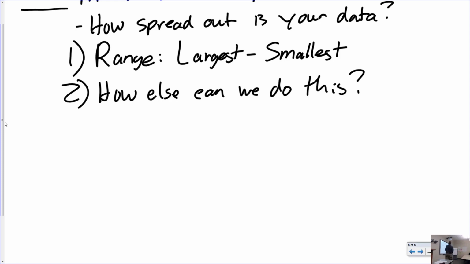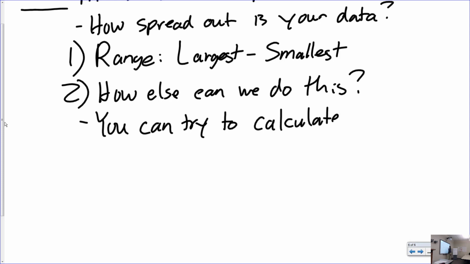So one standard thing that we would think to try and do this, dispersion, if I can spell the word.